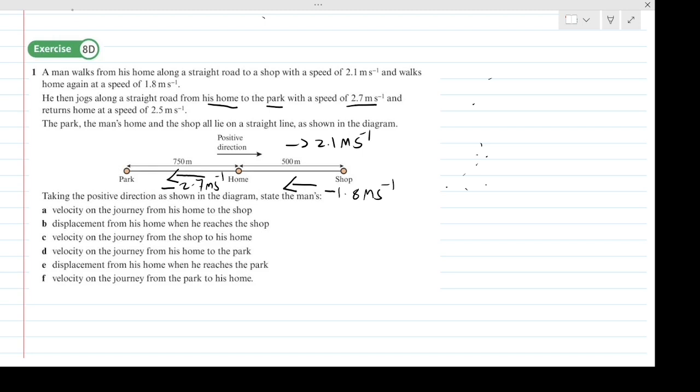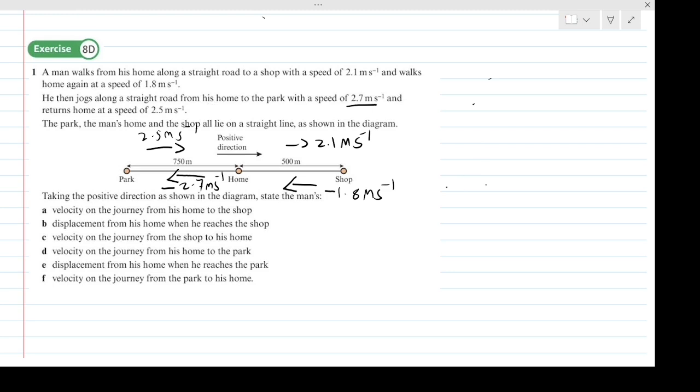We are then told that he returns home from the park at speed of 2.5. So from the park to the home would be that way, 2.5 meters per second. And that'd be positive actually, because it's going forwards instead of backwards. So we added on the speeds, or the velocities technically.